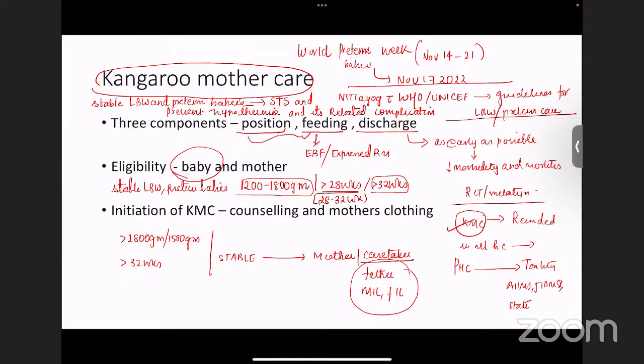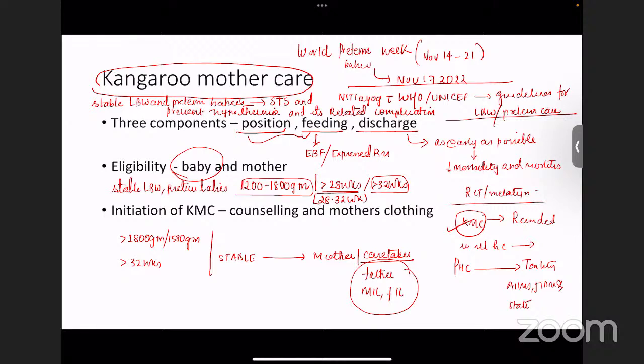If the weight is more than 1800 grams and the gestation is more than 32 weeks, most of the time they are stable at birth itself. You can start KMC in the delivery room. This is the recent guideline given by WHO and UNICEF in 2022 during World Preterm Week, where KMC can start as soon as birth if there is no contraindication.